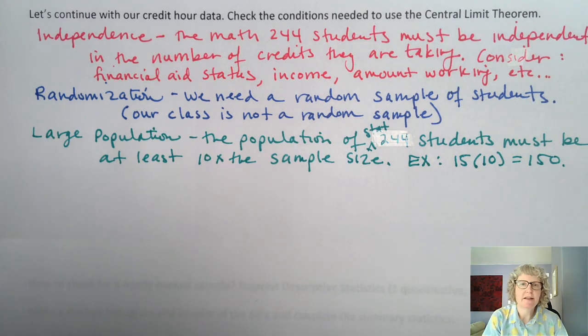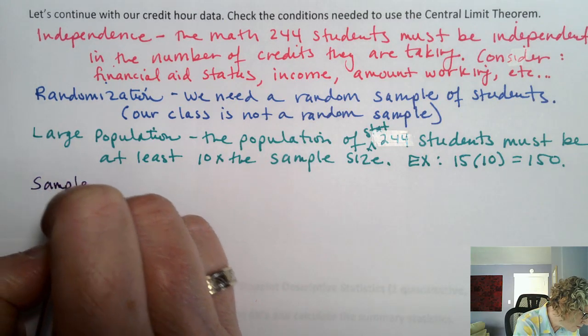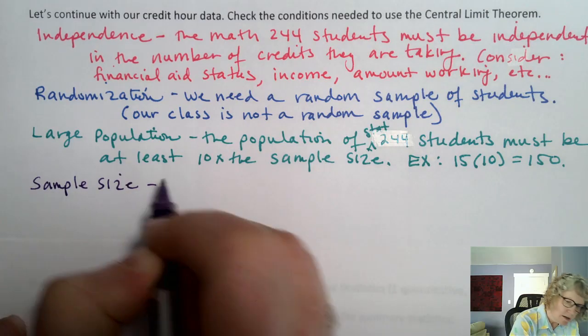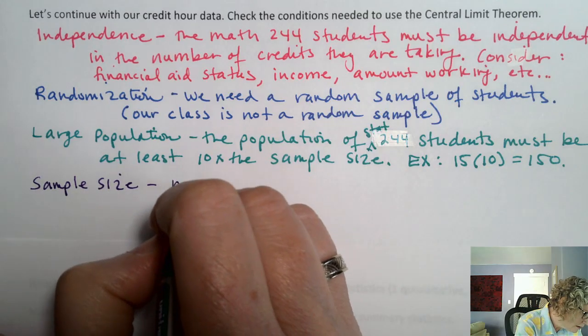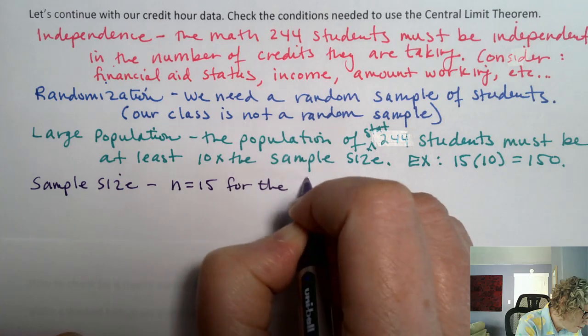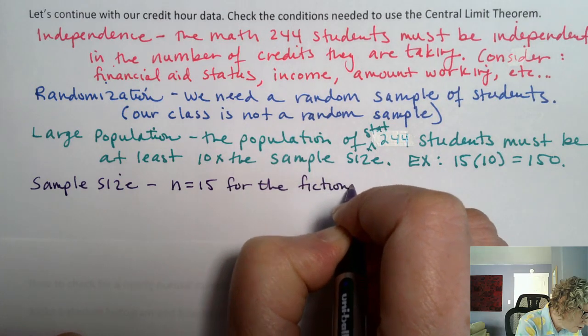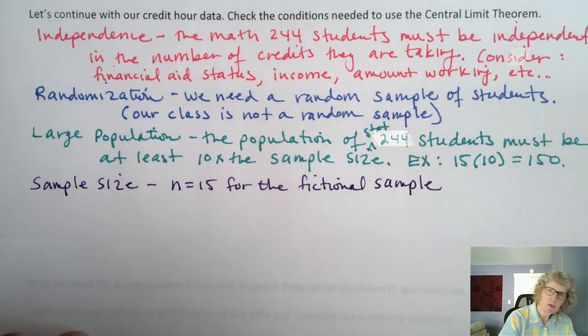Depending on what our class size is, it needs to be 10 times that when we do it for our class. Okay, and now sample size, that's the new one. If we look at our fake data, the sample size is 15 for the fictional sample.